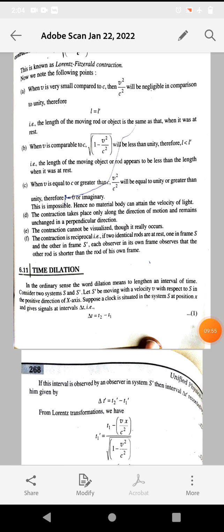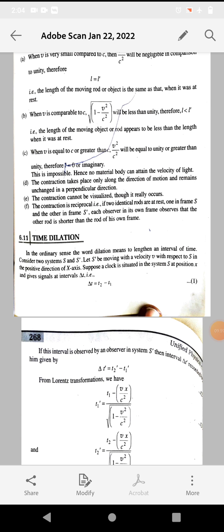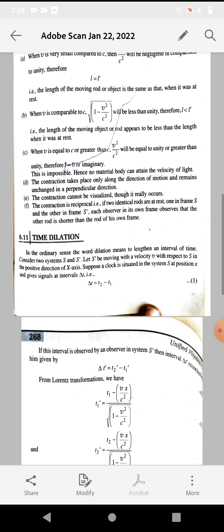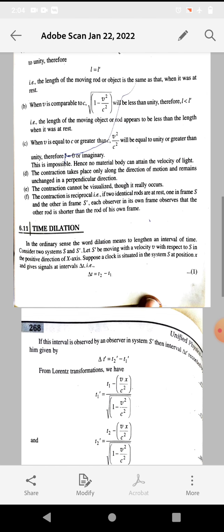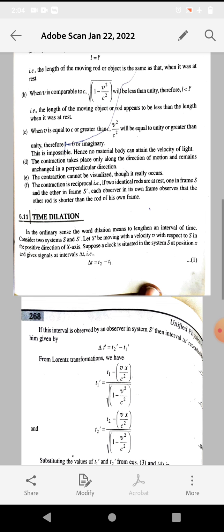So the next one is time dilation. The time dimension is similar to S. We consider the frames of reference S and S dash. S is at rest and S dash is moving with respect to S with some relative velocity v.